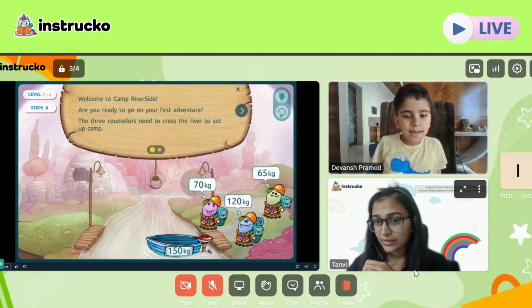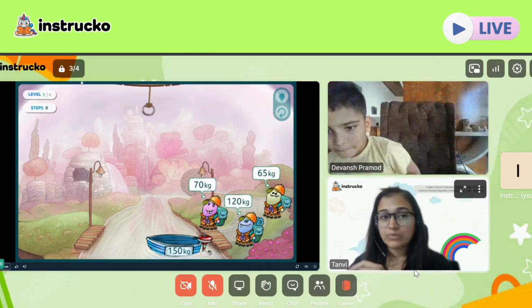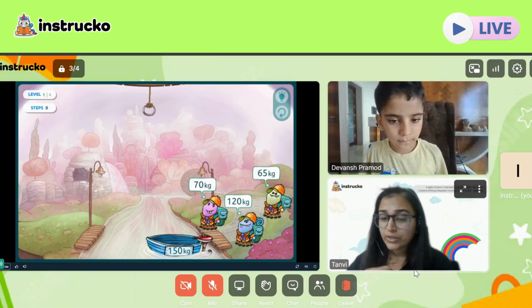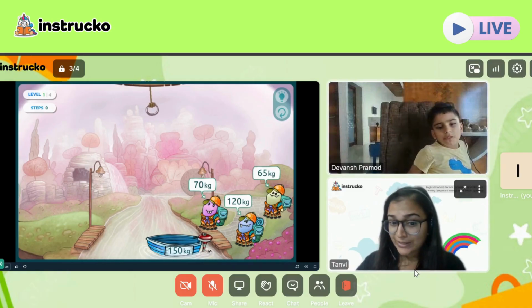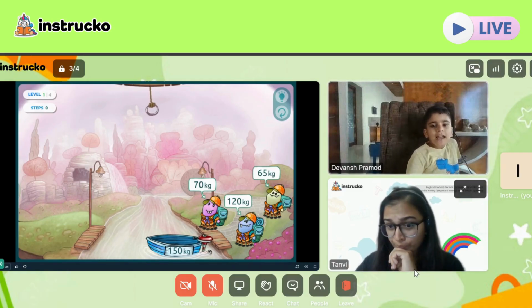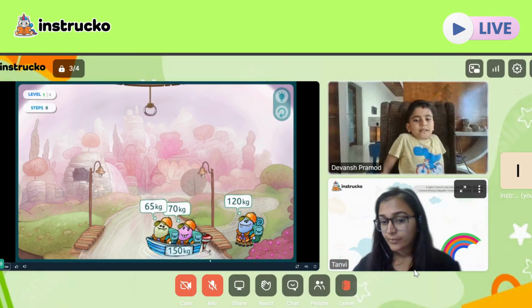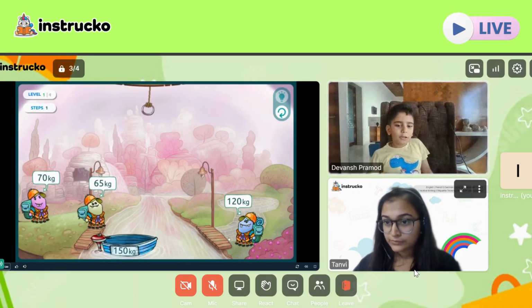Okay. You've played this before, isn't it, Devansh? Yes, you have. We have to take all the three counselors to the other side of the river. But the boat can carry only 150 kgs. So the counselors weigh 120 kg, 70 kg and 65 kg. Let 120 kg go there. Make the boat come back.